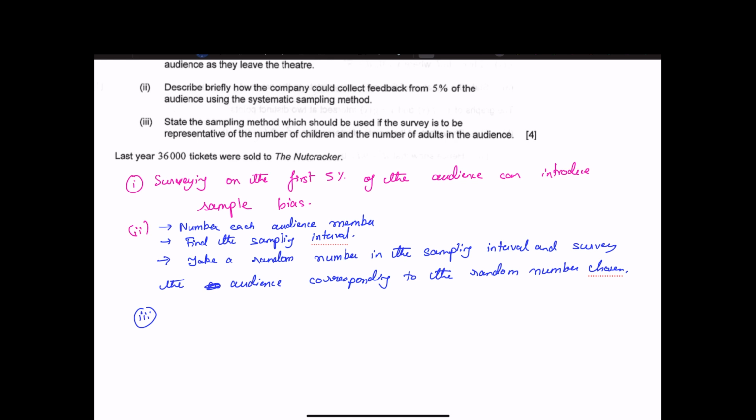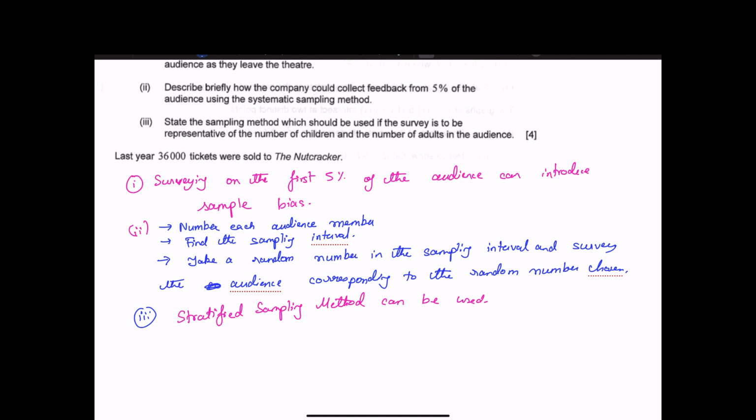The last one: which sampling method should be used if your survey is to be representative of the number of children and the number of adults? In this case, we can use the stratified sampling method. So basically, how would we do a stratified sample?